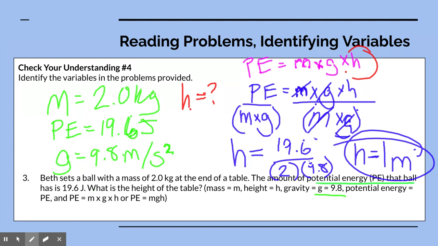But again, the point of showing this and the point of going through what an equation is, to go through all the rules again of how to solve one-step equations, is simply this. One-step equations are not just for math classes. They're used in science as well. And we can see that right here. You use the same rules, you do the same thing to find a particular solution.